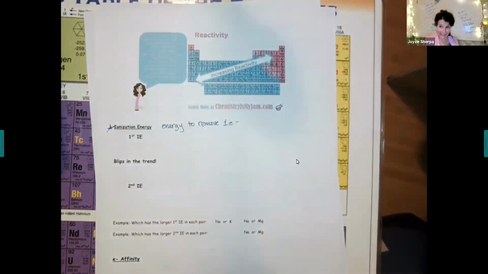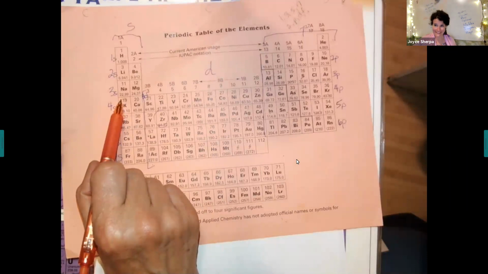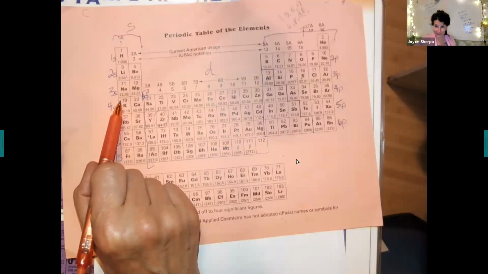So who's going to have a high ionization energy? Who does not want to lose an electron? And who's going to have a low ionization energy? So any thoughts on that? Just going back to everything you learned. If you look at your periodic table, think about sodium. Does it take a lot of energy to pull an electron off of sodium? Not at all. It's like the lowest one of them all because it wants to lose one. It's like, yes, please take it.